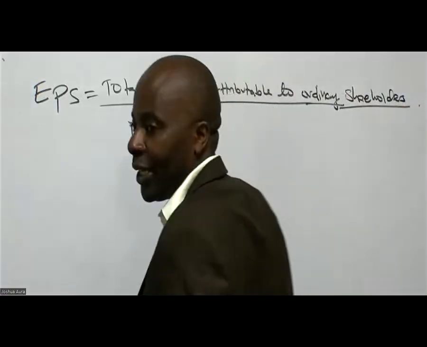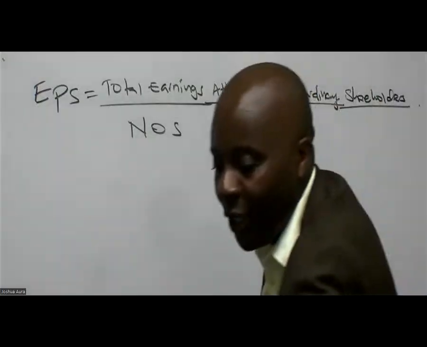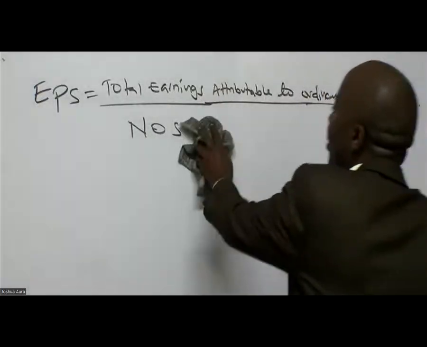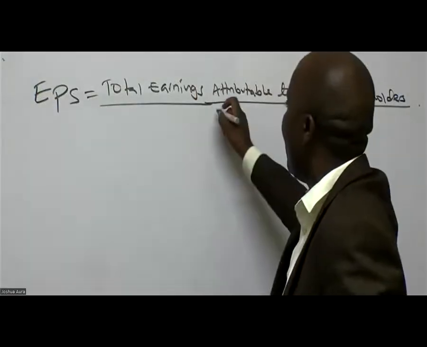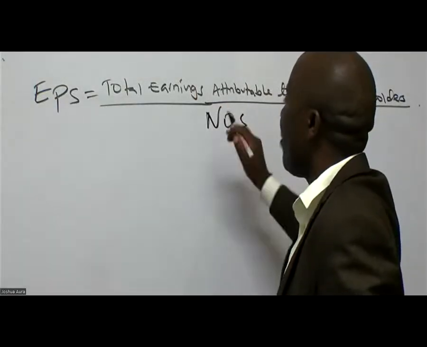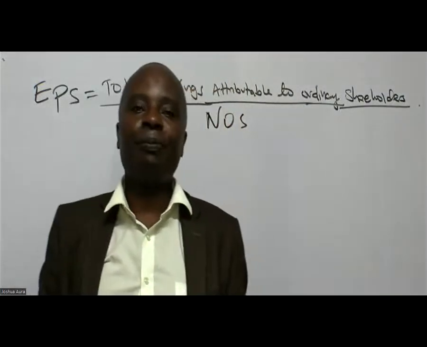Please write like that: attributable to ordinary shareholders divided by the NOS. NOS is the number of ordinary shares, remember.